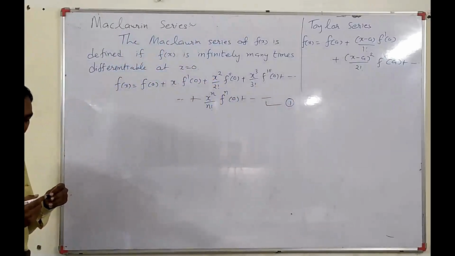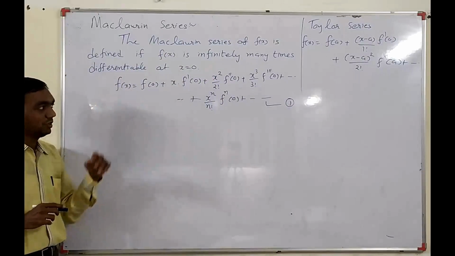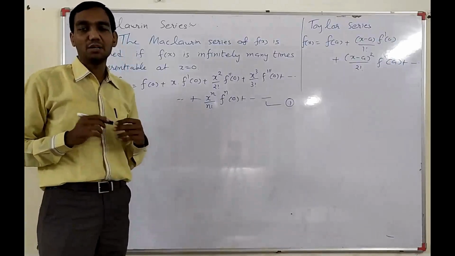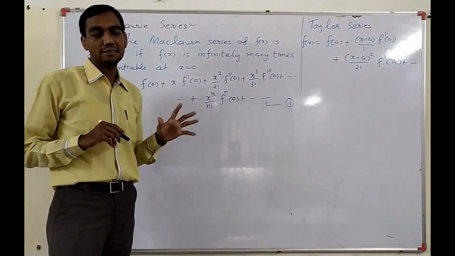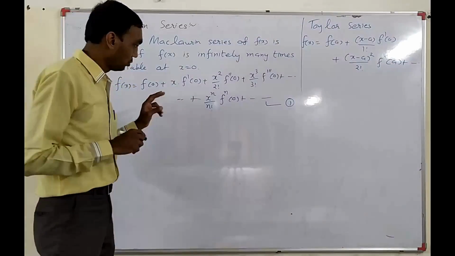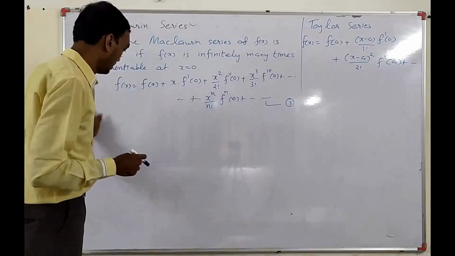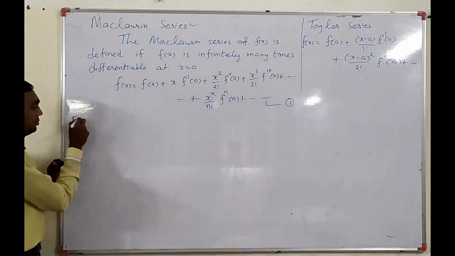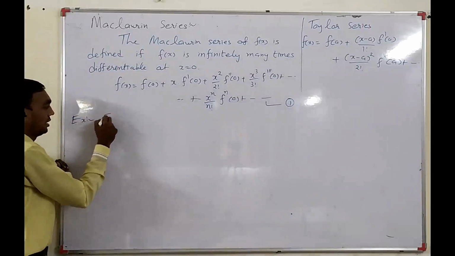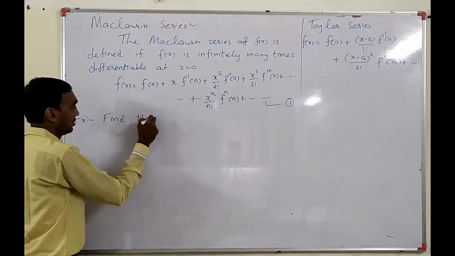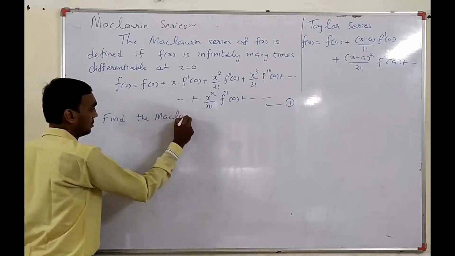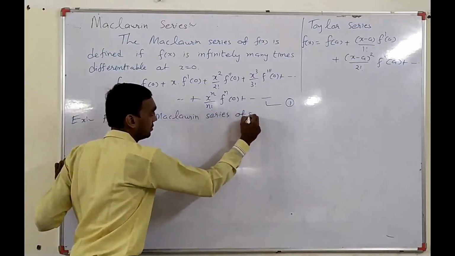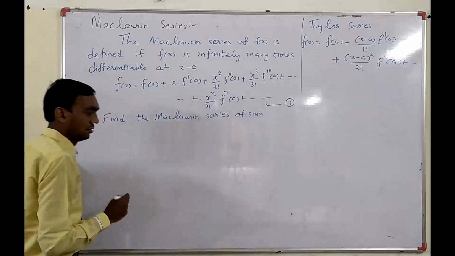Now see, the function must be infinitely many times differentiable whenever we are finding the Maclaurin series at x equal to 0. So we start with a first simple example. Example: find the Maclaurin series of sin x.